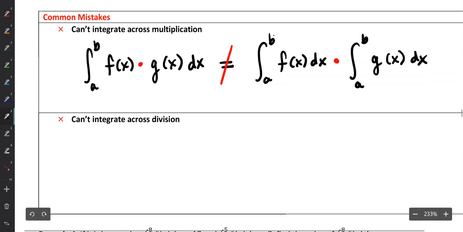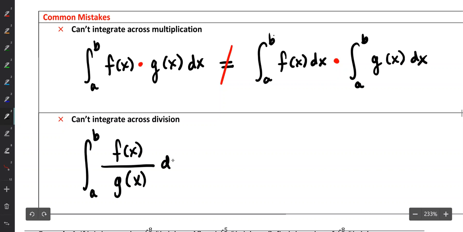Same thing with division. I can't compartmentalize my thinking. I can't just think about the integral of f and the integral of g separately and then just divide them. That's garbage. But it is understandable that students will do that when they're new.